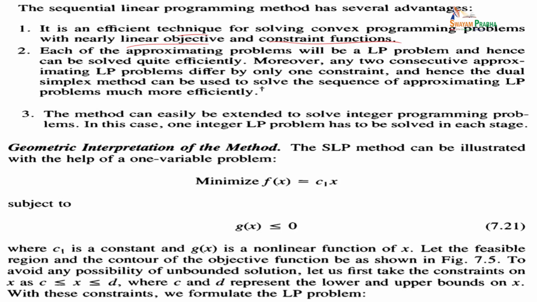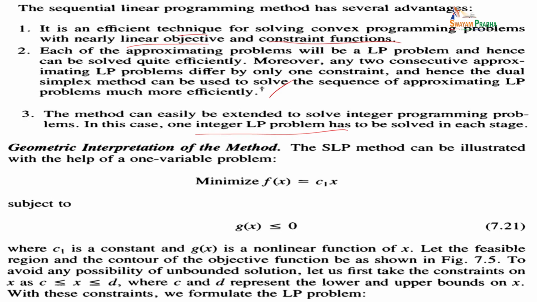Moreover, any two consecutive approximating LP problems differ by only one constraint, and hence the dual simplex method can solve the sequential approximating LP problems more efficiently. The method can also easily be extended to solve integer programming problems. In this case, one integer LP problem has to be solved in each stage.